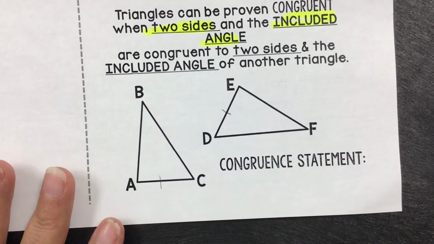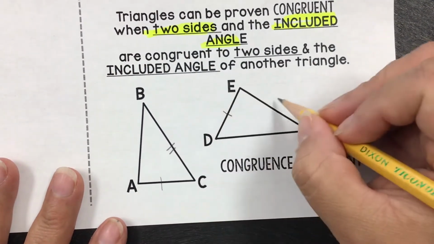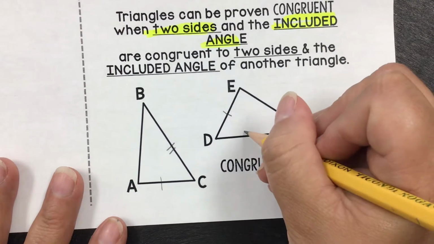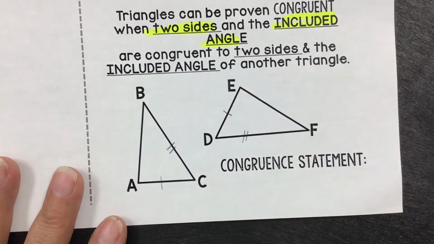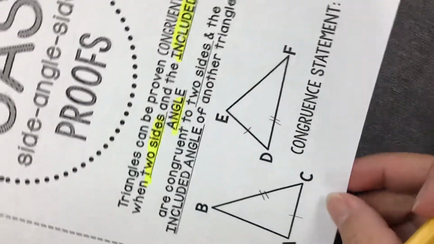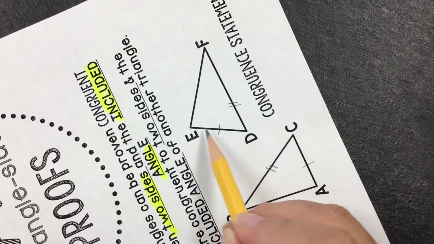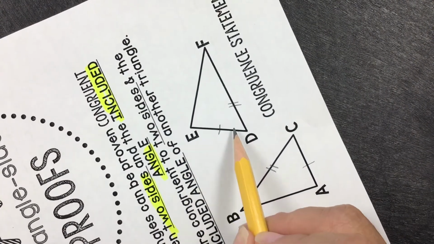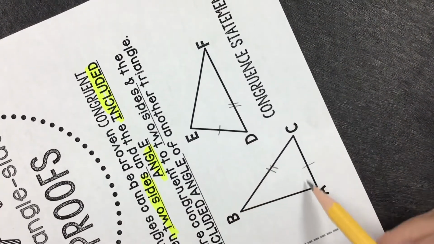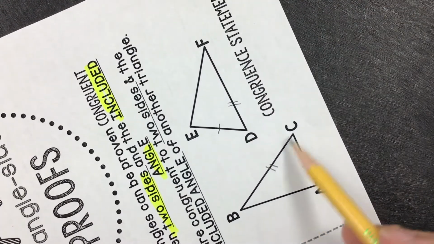For this particular problem, I'm going to say that this side is also congruent to this side. How do I know which one's which? Some of you will need to rotate the picture to be able to tell that it's the same. So this is the shortest side that corresponds with the shortest side, and then the longest side that corresponds with the longest side.